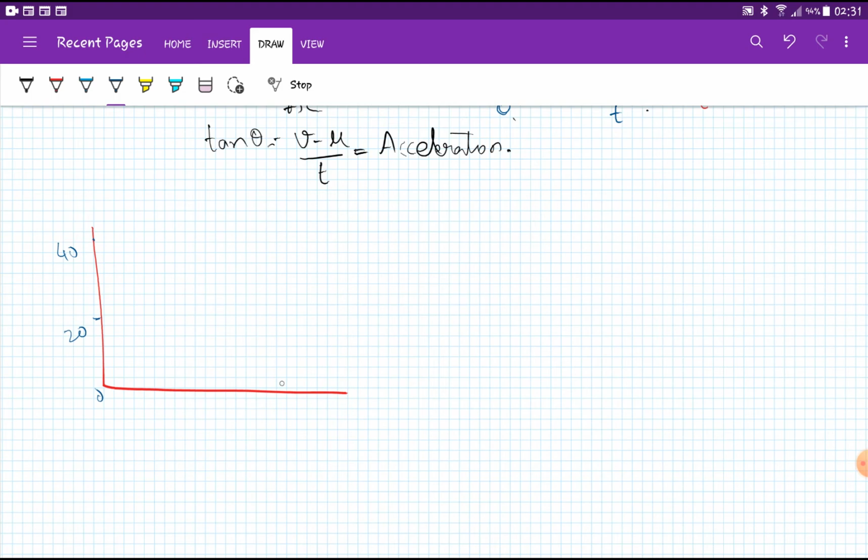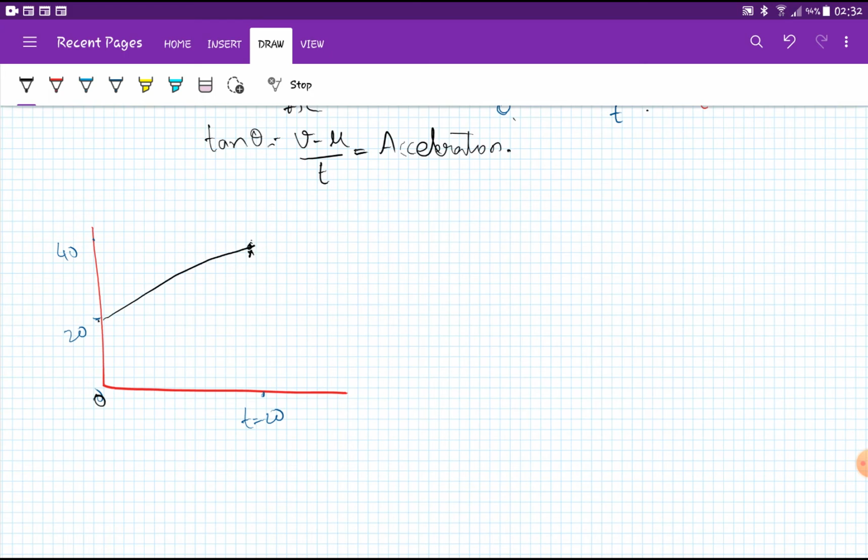Here t is equal to 20 seconds. For t equal to 0 the velocity is 20, and for t equal to 20 the velocity is 40. Join the line, find the acceleration.